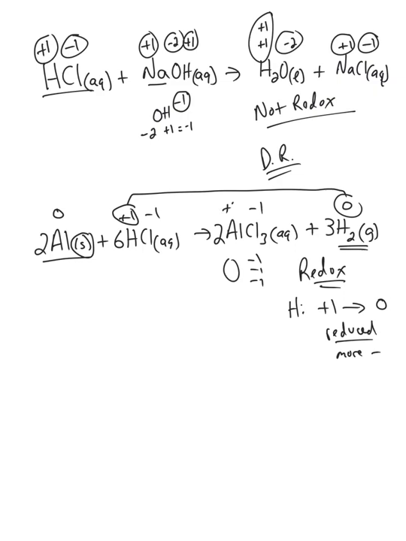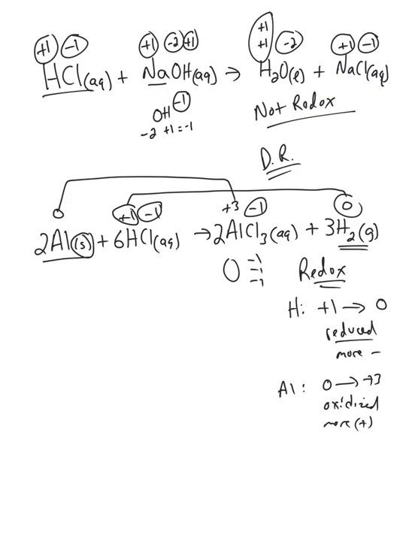It has to be +3. So who's being oxidized? You'll see chlorine, -1, -1. It's not changing at all. The aluminum has gone from 0 to +3. And therefore it has become more positive, and that makes it oxidized.